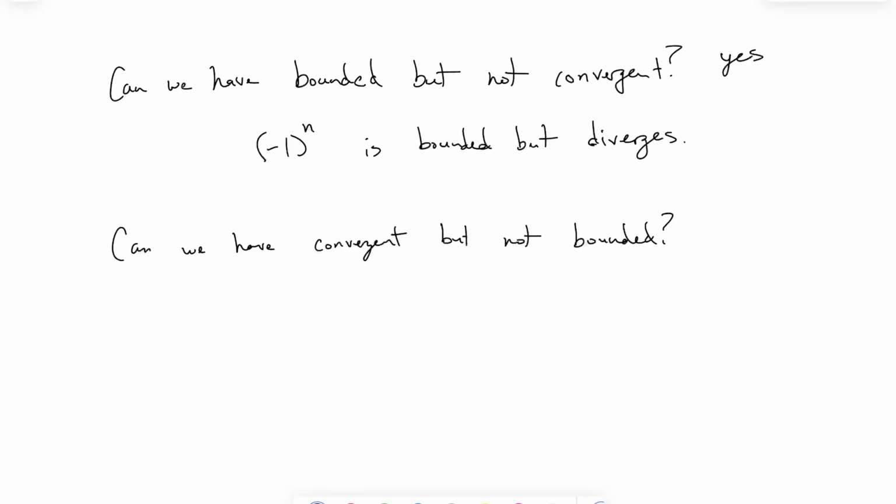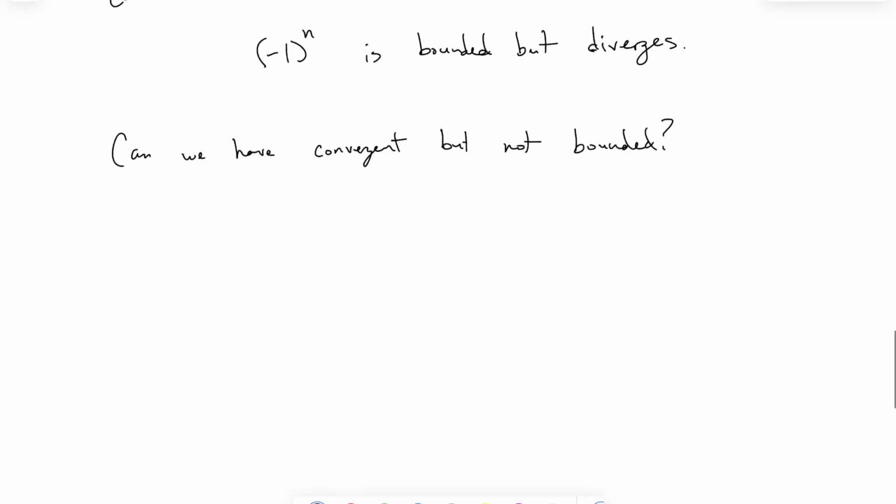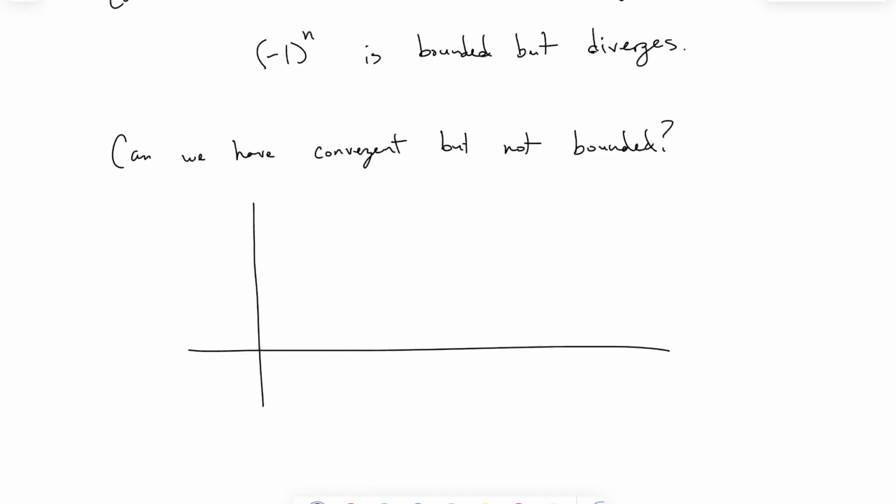What I'm imagining on the picture, convergent means, I don't know what happens at the beginning, but convergent means eventually when you go far enough, the values, maybe I'll draw one which converges to 0, right?